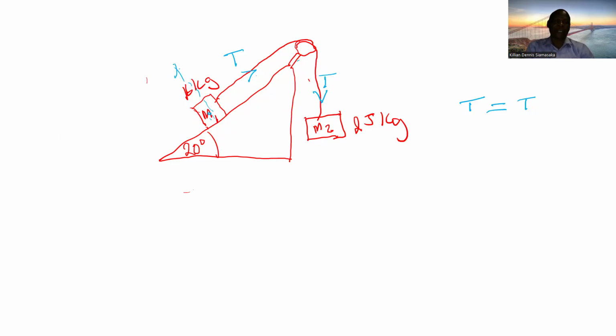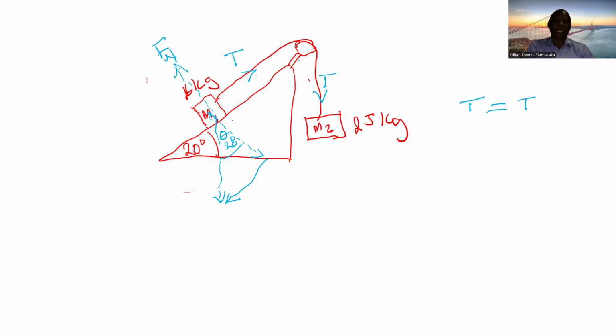has a normal force, which is similar to the opposing force if we drew a component here. And if this is the weight of this object mass 1, it means that we can draw a triangle, and this is the same angle, which is 20 degrees.